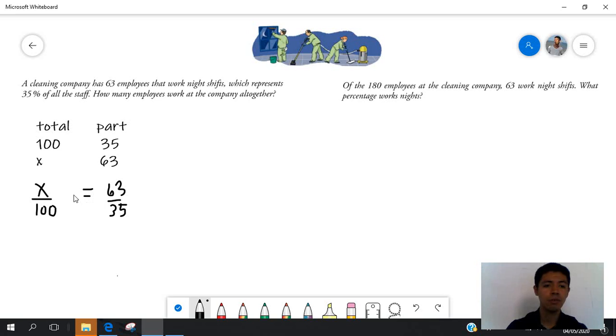Then I can use the rule of 3. I multiply like in a cross, and I will say that X times 35 is equal to 63 times 100. So I need to leave the X alone, so I will divide that by 35.